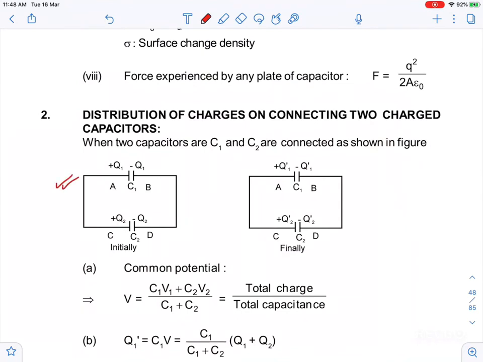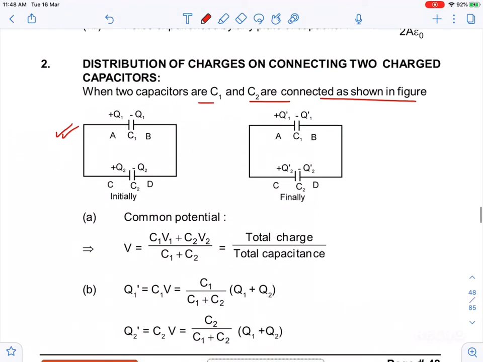Now guys, one thing you have to keep in mind, many times they have asked this question: when two capacitors C1 and C2 are connected in this manner, you apply conservation of charge. Total charge remains conserved. After connection, what is the value of common potential?